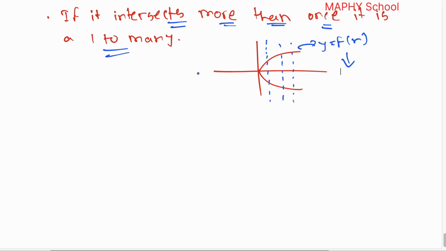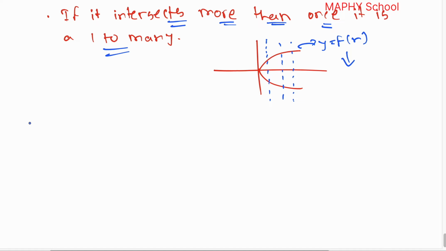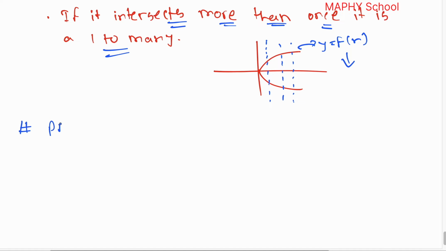Okay. Then we go for proper and improper. Lots of confusion. So proper and improper.